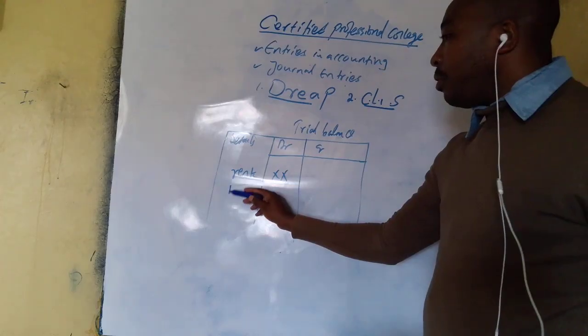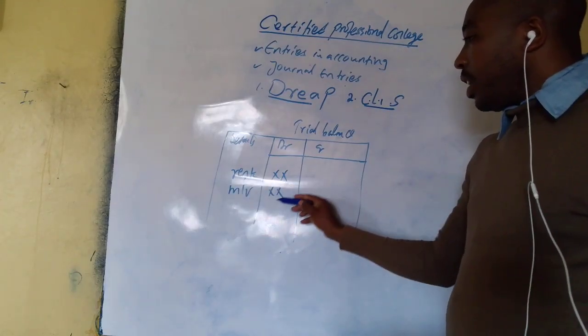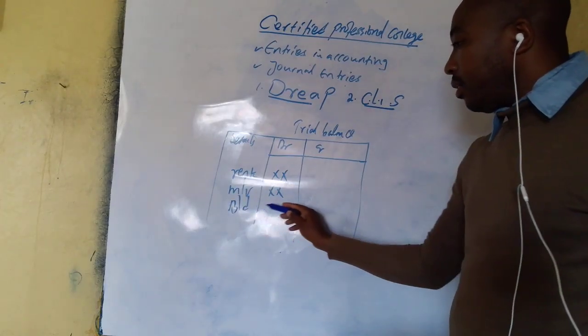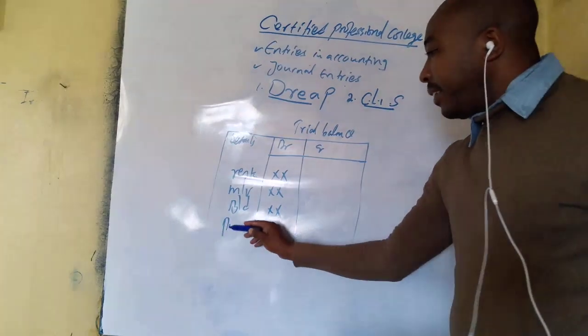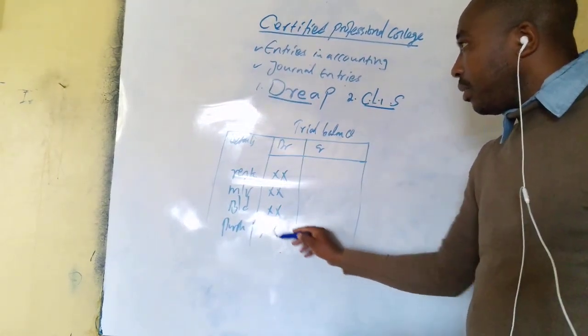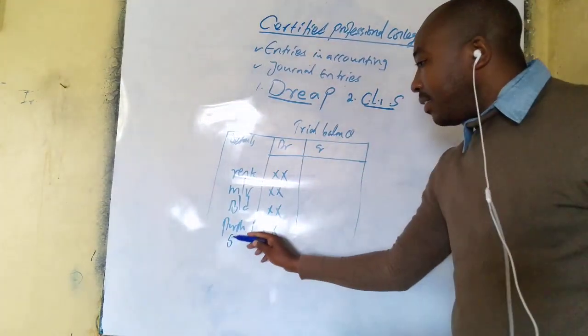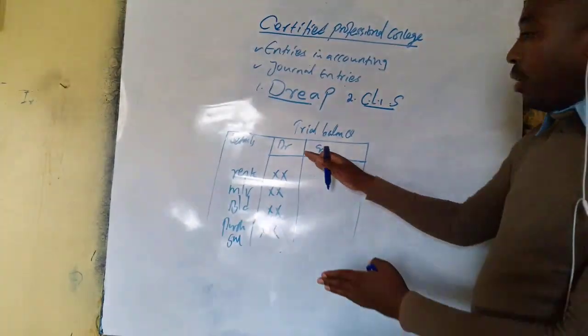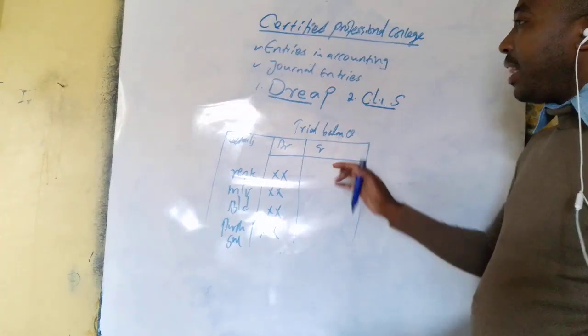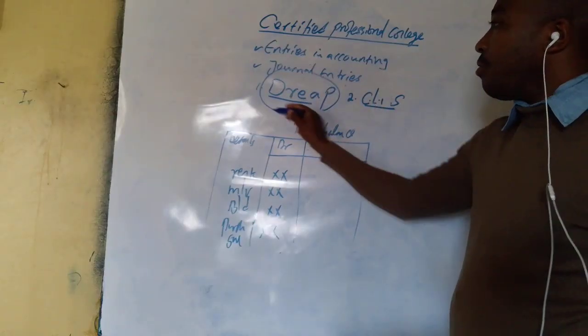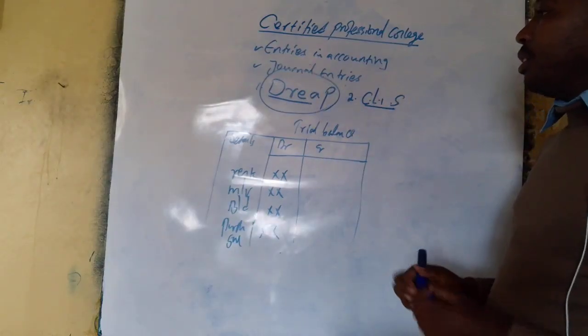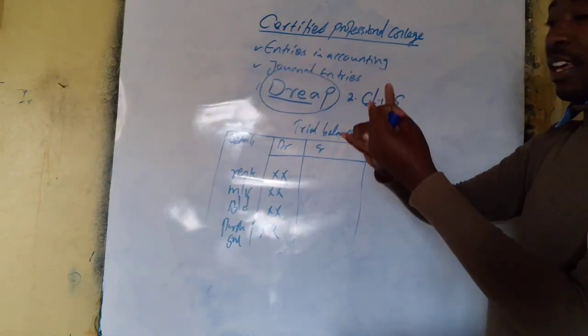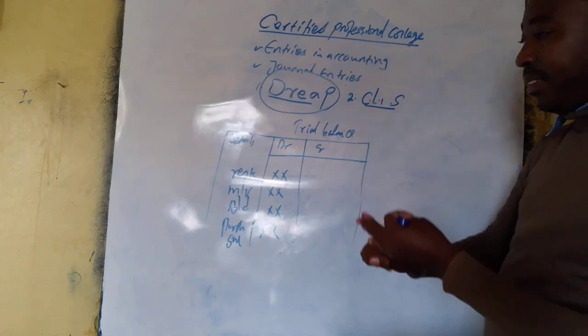If you have motor vehicle, if you have building, if you make a purchase, if you have salaries, all these we record on the debit side. Anywhere you record this, we use the rule of DRIP. We debit expenses, assets, and purchases when they increase.